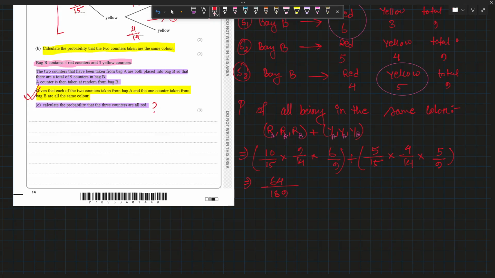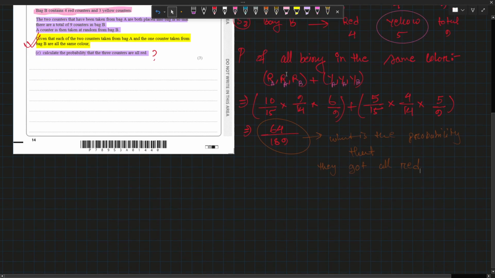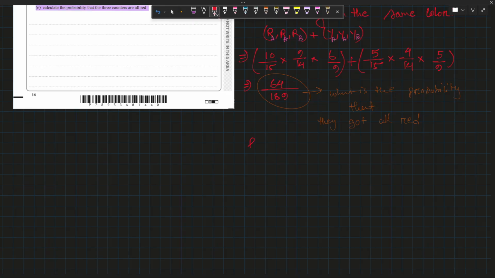Now they're asking us, out of this possibility right here, what is the probability that they got all red? Now that is the main question here. To find that, it's very simple. All you have to do is find the probability of all being red.